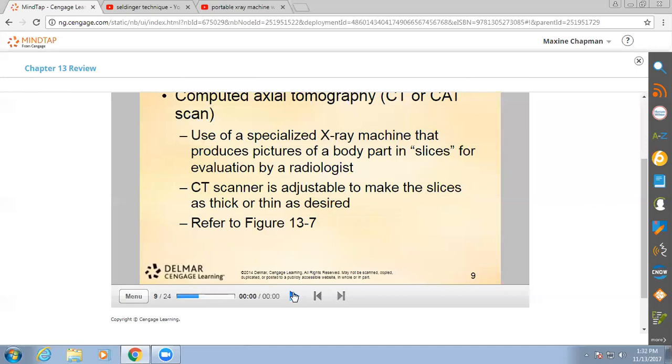There's a procedure called the Seldinger technique, and it allows for easy entrance into most vessels of the body. The most common artery is the femoral, the method of choice.